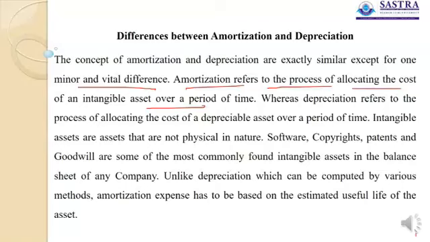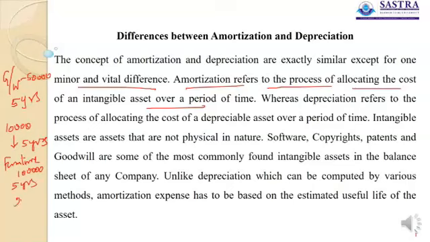Say, for example, for amortization, goodwill is an intangible asset of 50,000, and if it is allocated over 5 years, each year 10,000 rupees is written off for 5 years. That will be known as amortization. Whereas furniture of 1 lakh rupees with 5 years of lifetime, and for 5 years 20,000 per annum is deducted, means depreciation.